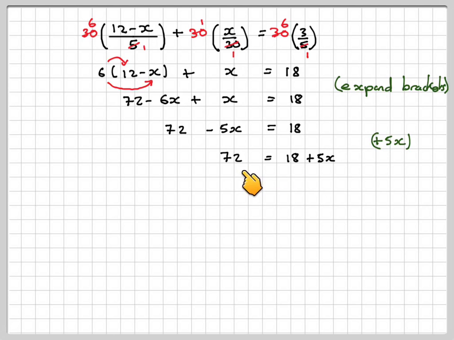Now subtracting 18 from both sides, we get 72 minus 18, which is 54, and 18 minus 18 gives me 0, leaving 5x. Dividing both sides by 5, we've got 54 divided by 5, which is 10.8. Therefore x is equal to 10.8 kilometers.